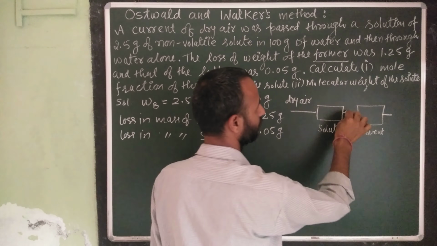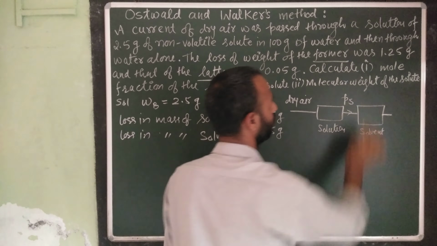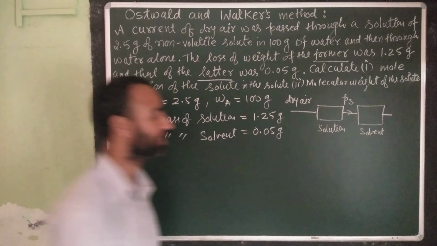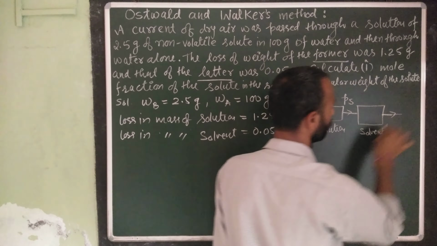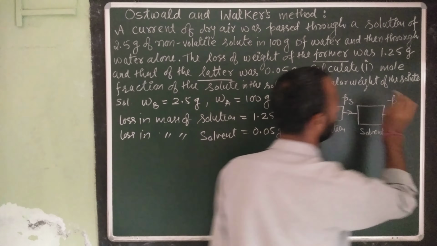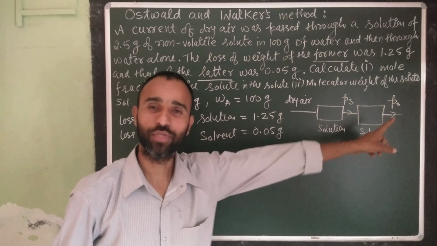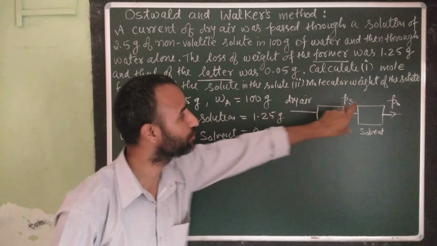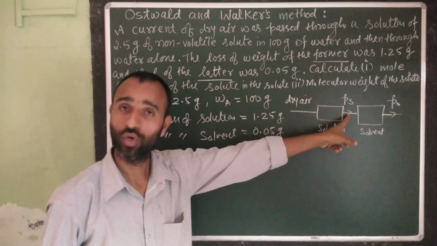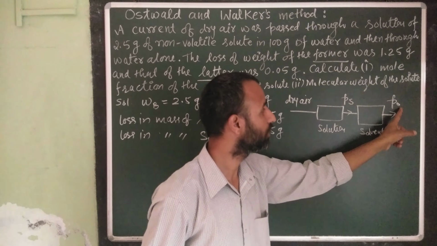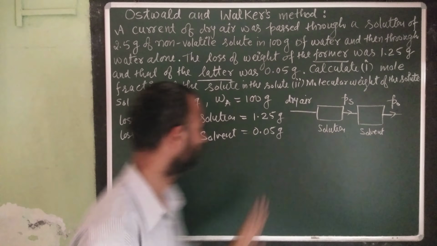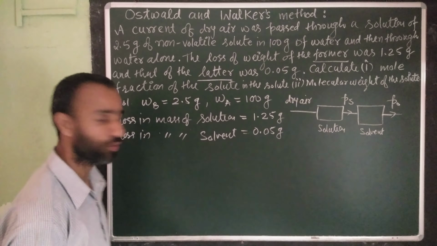So in solution it gains vapor pressure PS, and when it goes out of solvent it gains vapor pressure P naught. Means gain here is PS, from 0 to PS, and here it is P naught minus PS. So just apply the formula.